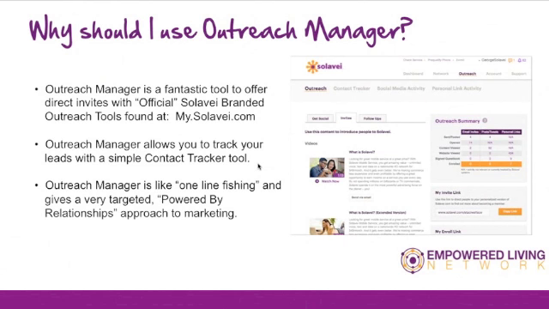Now, what I love about Outreach Manager is it is a very targeted, powered by relationships approach to marketing. Basically, it is like a target shot of a fish you're wanting to go after. You're going to personally send them an email, and you're going to have their name in it. In a few minutes, I'm going to show you how to personalize it. So Outreach Manager becomes a personal outreach to people that you personally know or contacts that you've been given in some way that they would be expecting to receive an email.